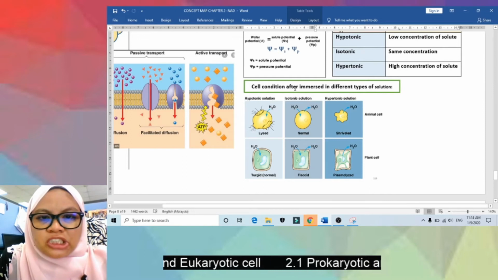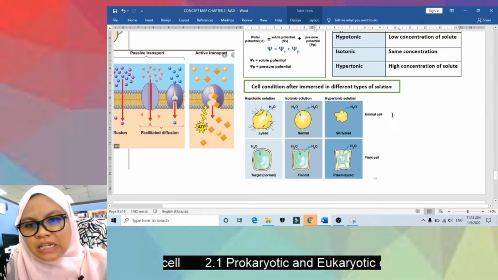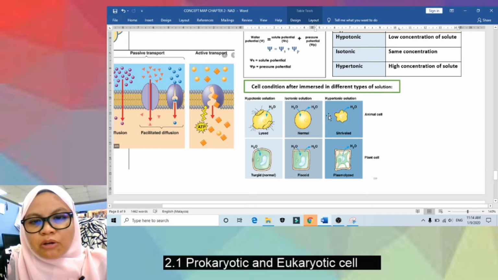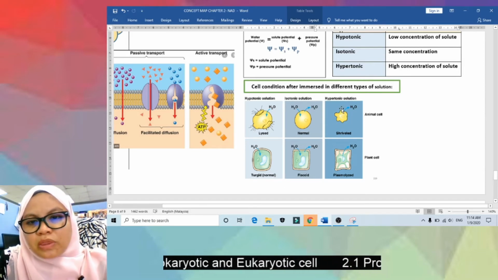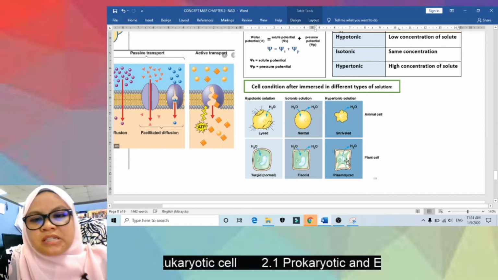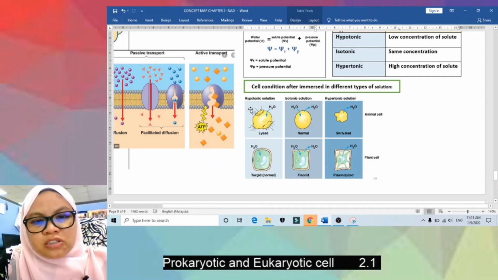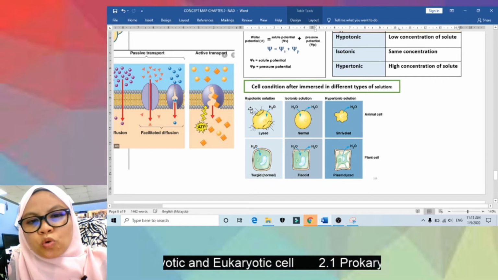Okay, cell condition after immersion in the different types of solution. We have two types of cell here: the animal cell, which is without a cell wall, and the plant cell, which has the cell wall. If an animal cell is immersed in hypotonic solution, the hypotonic solution has low solute.